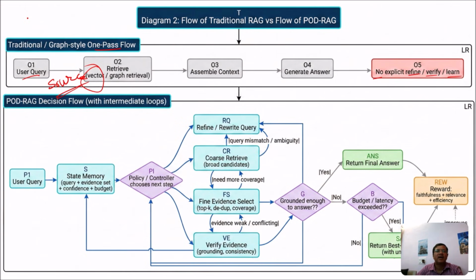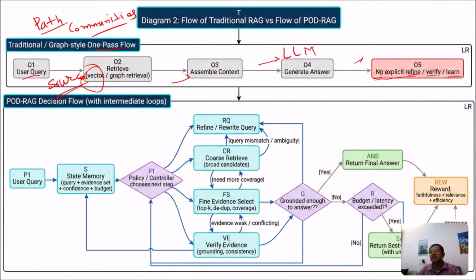If we are using graph RAG, then we extract the graph path or communities which contains evidences related to our answer. Then we combine with the context and then pass it through the LLM and generate the answer.